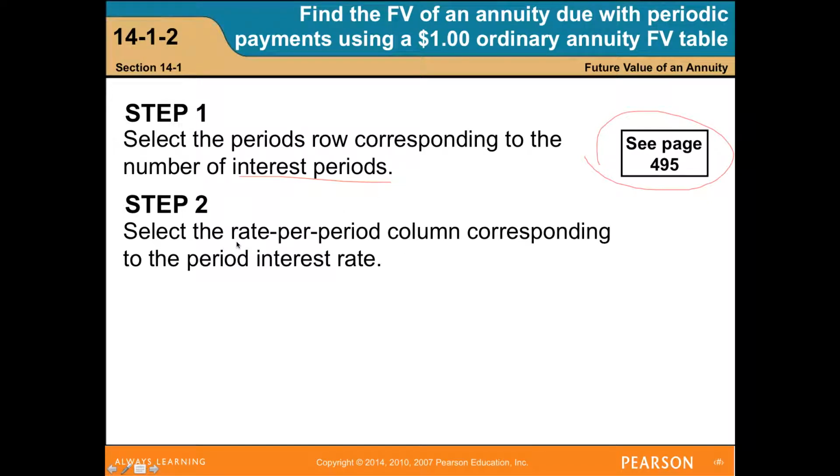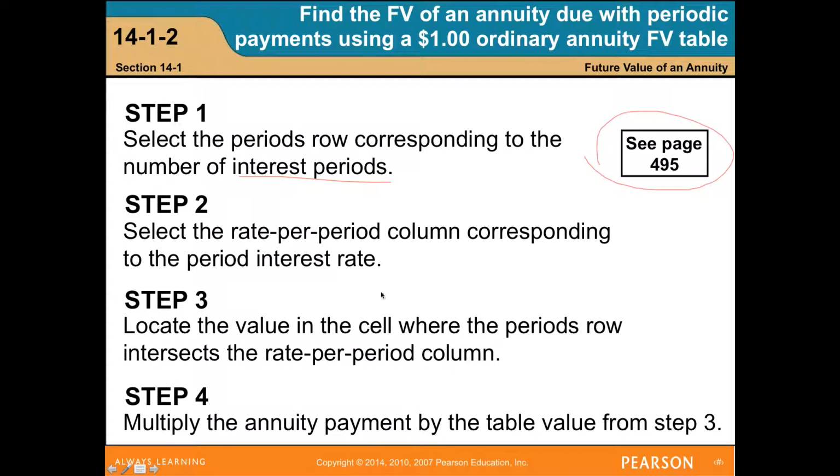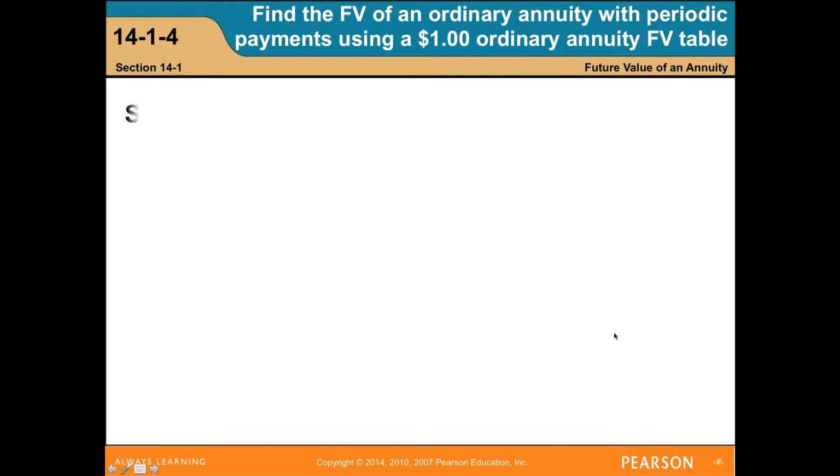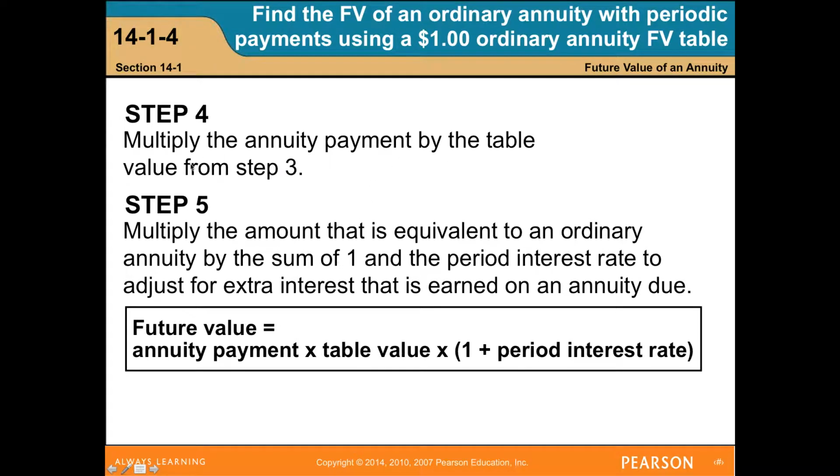Step 2, select the rate per period column corresponding to the period interest rate. Step 3, locate the value in the cell where the periods row intersects the rate per period column, so where X and Y meet. Then multiply the annuity payment by the table value from step 3.